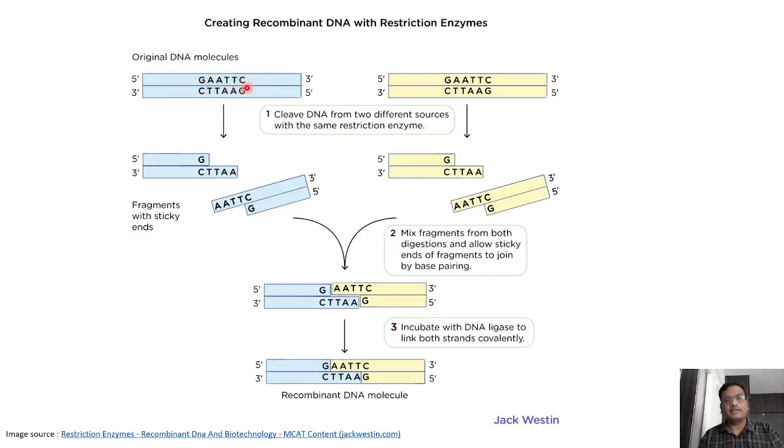GAATTC. As I already mentioned, this is a restriction site for the EcoR1 enzyme. And using the EcoR1 enzyme, when you cut this DNA, it will produce two fragments. You can see here, this is where it is going to cut it, and it has produced the sticky ends, right? So this is one sticky end, this is another sticky end.